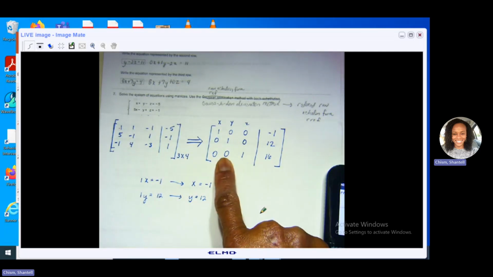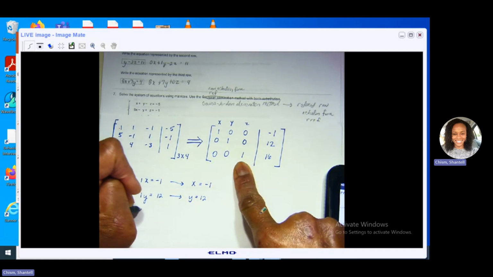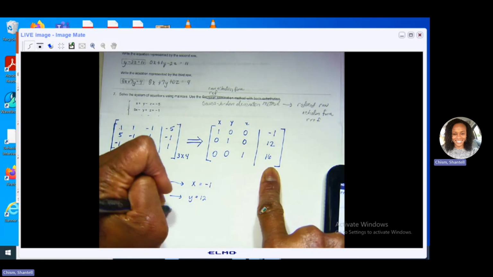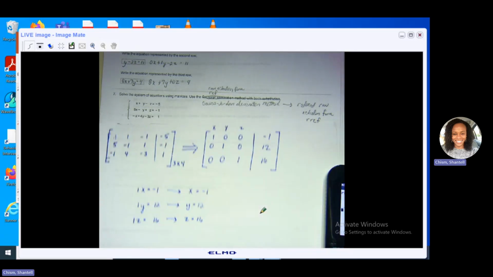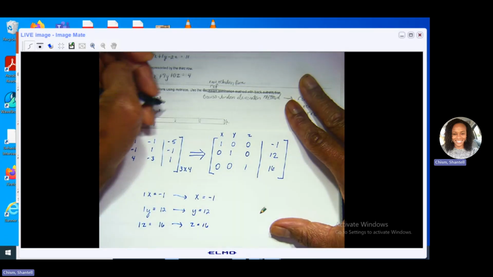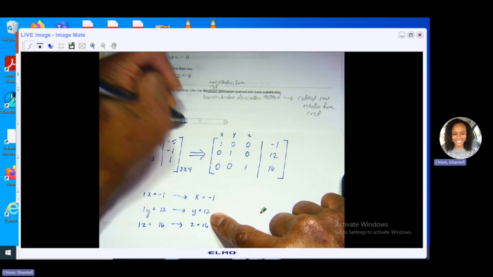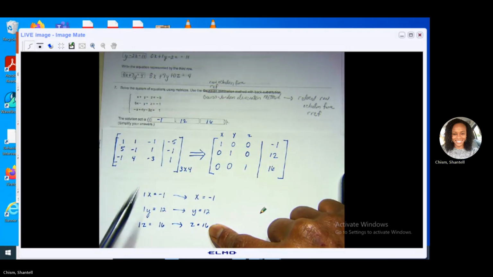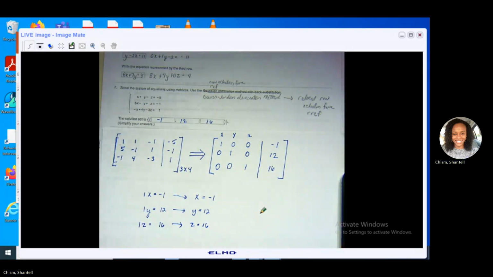And the third row, I've got 0x and 0y, so 1z equals 16, or simply z equals 16. So my ordered solution set is -1, 12, 16: the solution for x, for y, for z. Okay?